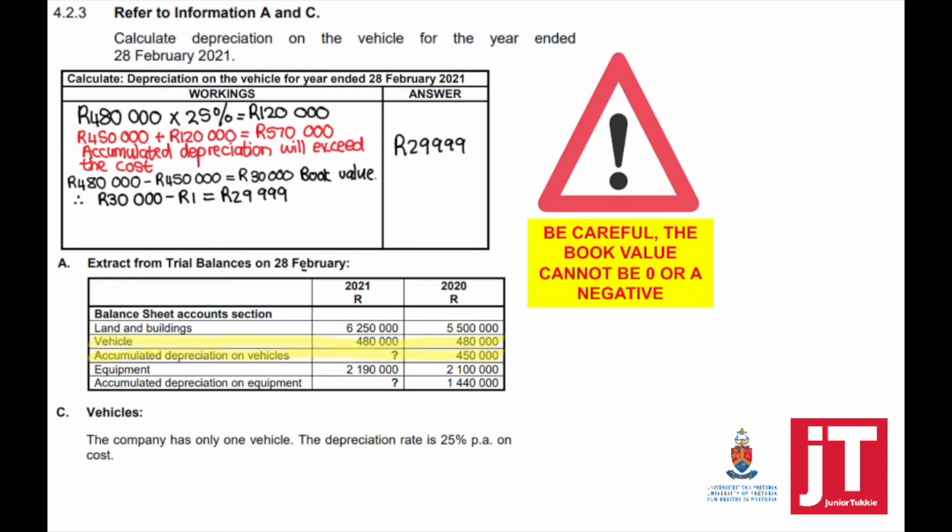So be very careful. Always look. If you see that the cost and the accumulated depreciation are that close to each other, there's only a 50,000 difference, then be aware that you might need to calculate the depreciation by minusing 1 from the carrying value in the beginning.